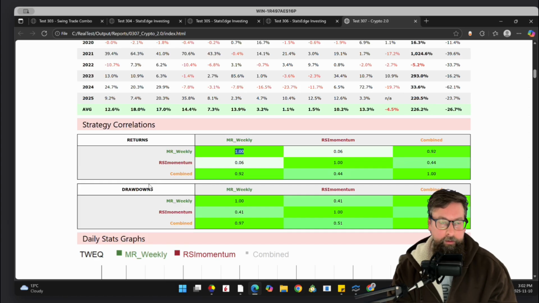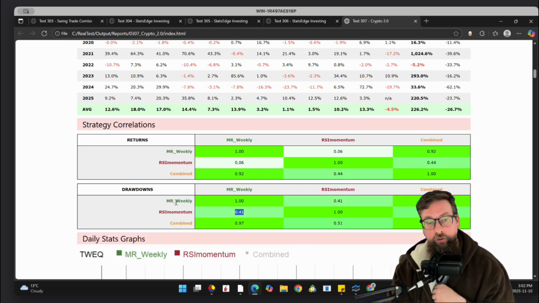And the way to read this is that 1 is a perfect correlation. And of course, -1 would be a perfect kind of inverse correlation. So when system 1 makes money, system 2 loses money, and vice versa. That would be kind of a more perfect, I guess, world. Now, what concerns me about this and what I need to look at, and where myself as a systems trader spends most of my time, are these numbers right here.